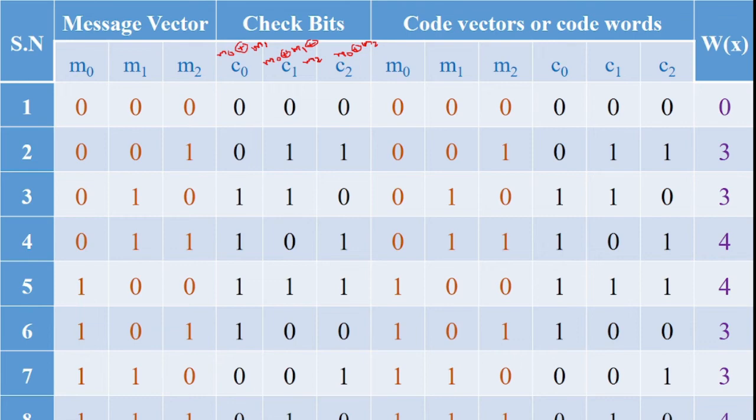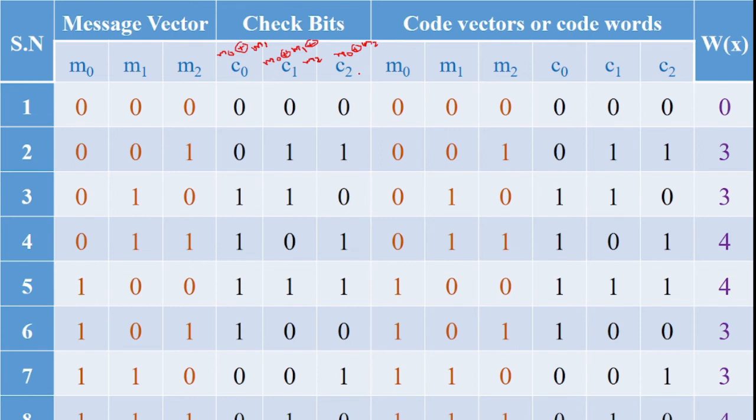So 0 exclusive or 1 is 1, 1 exclusive or 0 is 1, 0 exclusive or 1 is 1, 1 exclusive or 1 is 0, 1 exclusive or 0 is 1, 1 exclusive or 0 is 1, 1 exclusive or 0 is 1, 1 exclusive or 1 is 0, 1 exclusive or 1 is 1, 1 exclusive or 1 is 0, 0 exclusive or 0 is 0, 1 exclusive or 1 is 0, 0 exclusive or 1 is 1. So that is the second parity bit C1.